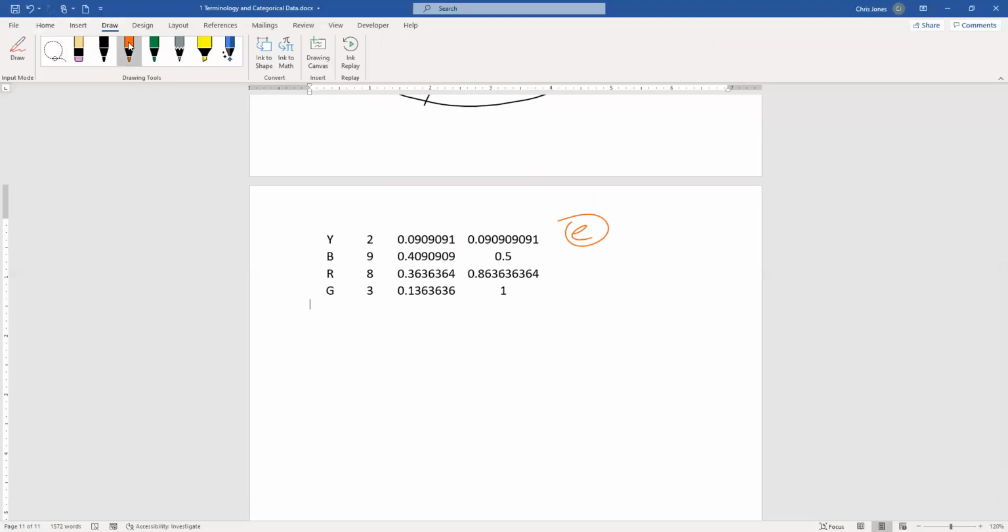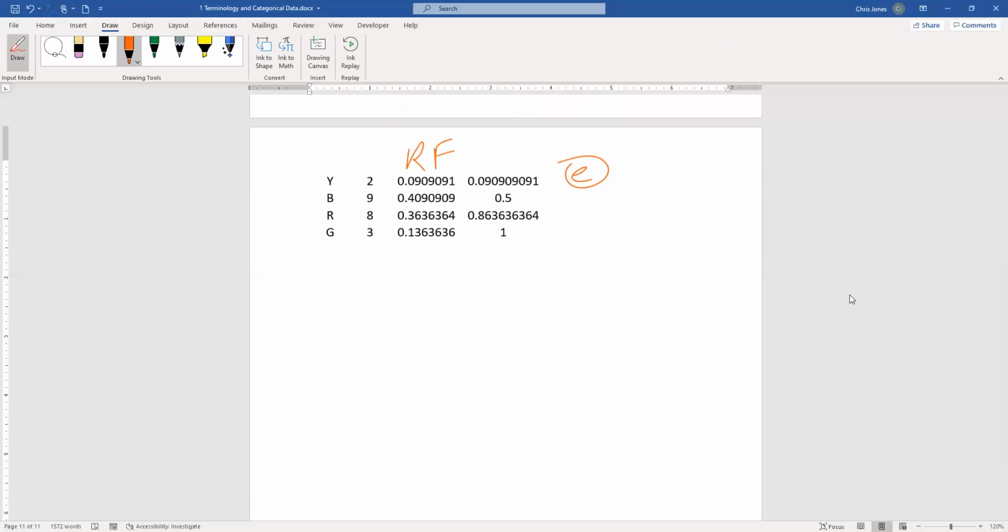I know it doesn't indicate that, but we do remember that from when we constructed the frequency distribution. And so these are the colors of cars purchased by females in a week.